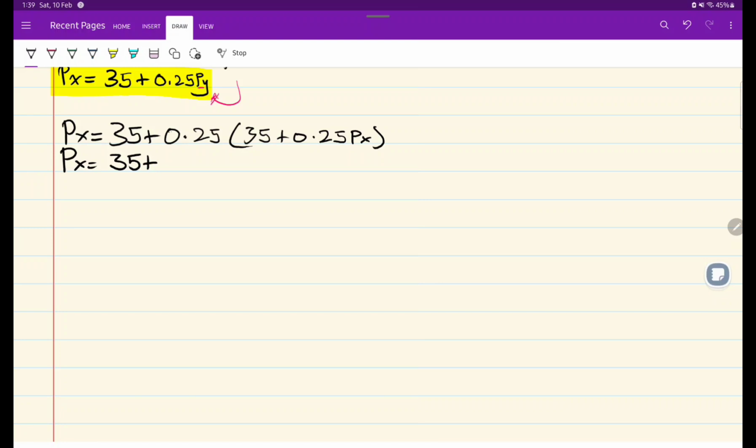There's no negatives. 35 plus 8.75 plus a quarter times a quarter is 0.0625 Px, and you're kind of looking for smaller numbers when you get to this point, because you're going to solve for Px.